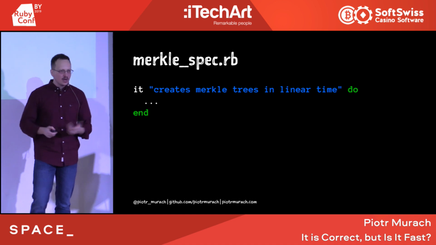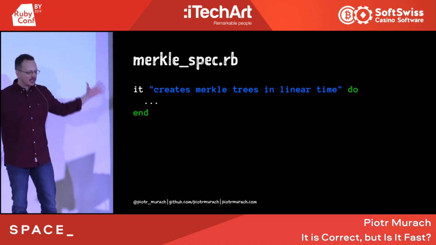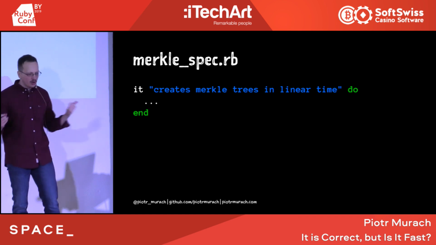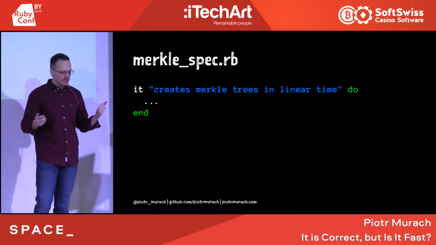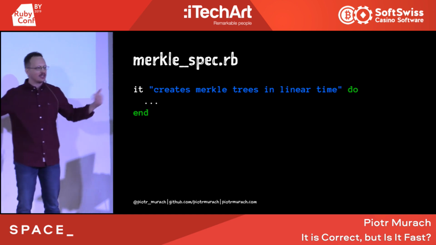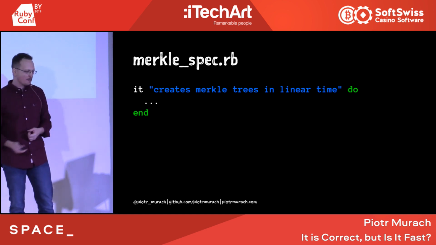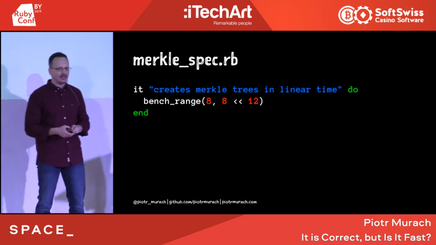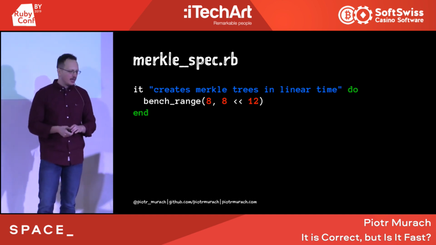So we know we want to test how fast we can build a Merkle tree. So this is our first point. We know what we're going to test. And we make a prediction that it kind of scales linearly with all the leaf nodes. But first, we need to generate some data points.